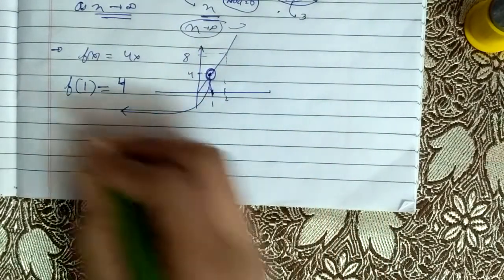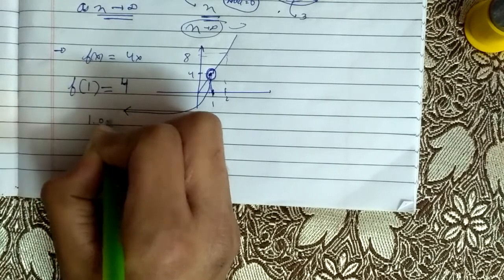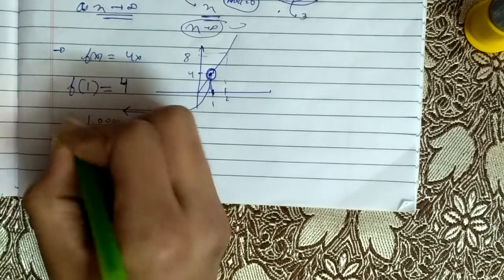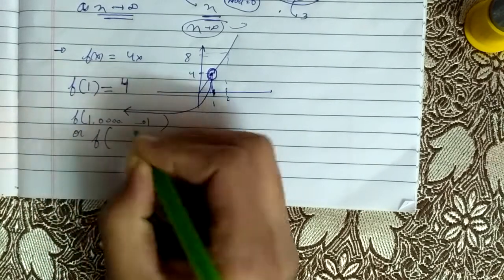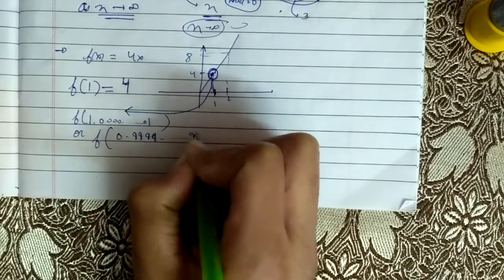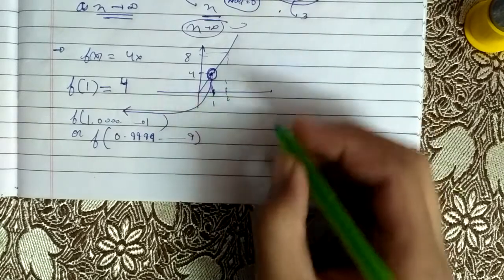Like what is the value at 1.00001, or the value of the function at 0.99999, and so on. We are looking in the neighborhood of this function.